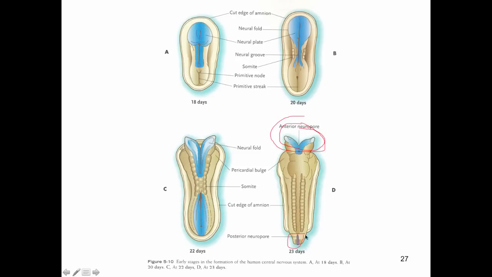You can have portions not closing at the bottom. The ones at the bottom are the causes of spina bifida cystica and the other forms of spina bifida. Other closely related disorders have to do with malformation of the somite tissue. That's where you start to see abnormalities in vertebral bone formation and fusion.